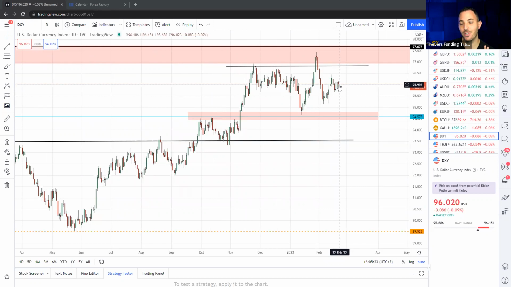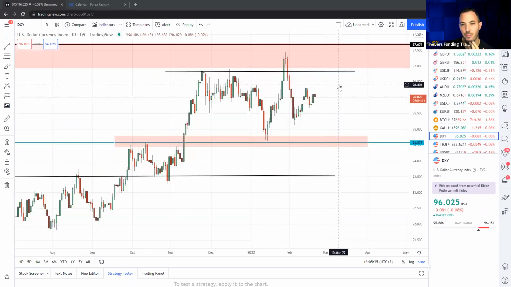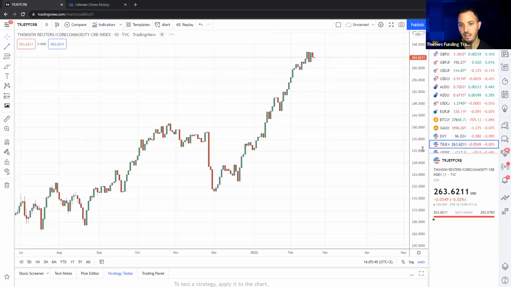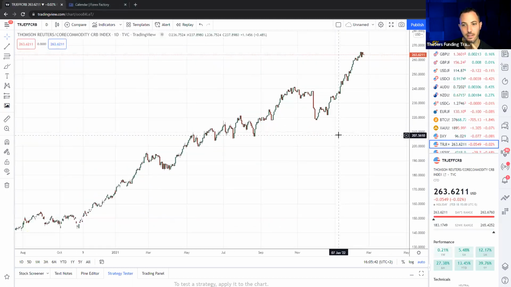We could establish the dollar is strong, but then when you go to, let's say, an index like this one, this is a commodities index, and you see the prices of products and services in the US, we can see the inflation right there.